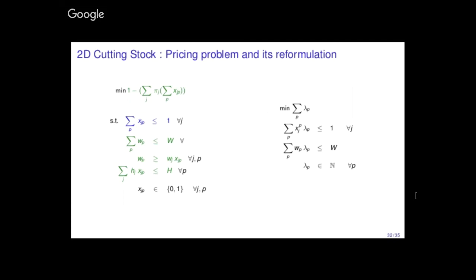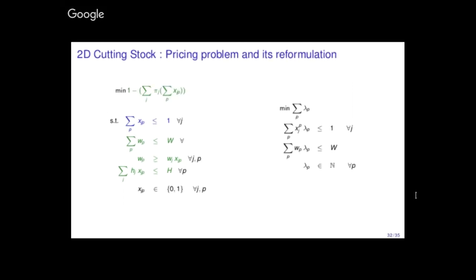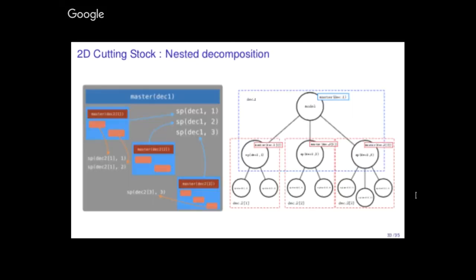It's a bunch of 1D cutting patterns with the items. And you can say, oh, this looks like the 1D cutting stock problem, so I can decompose it again. So now you have your original formulation, which is decomposed, and to solve your subproblem, you solve it through column generation again. So you do a nested decomposition, and this is the pricing reformulation.